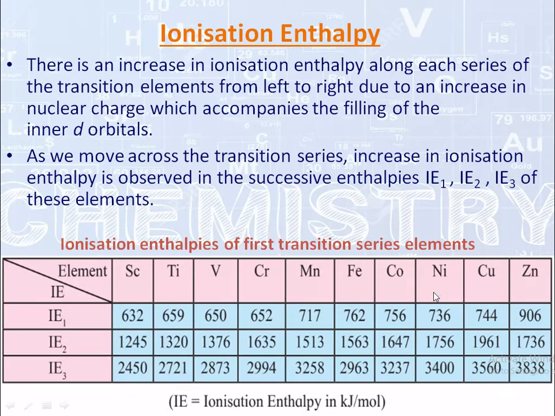And when we compare the second and third ionization enthalpies with the first, they are higher than the first ionization enthalpy. Why? Because it is very difficult to remove the second and third electron from the cation, as the effective nuclear charge is very high.